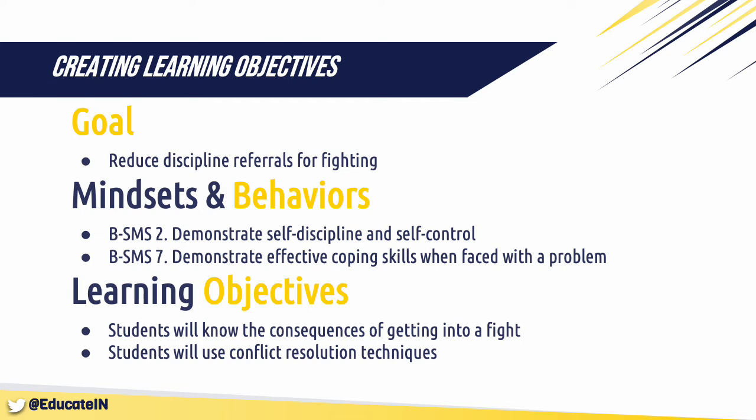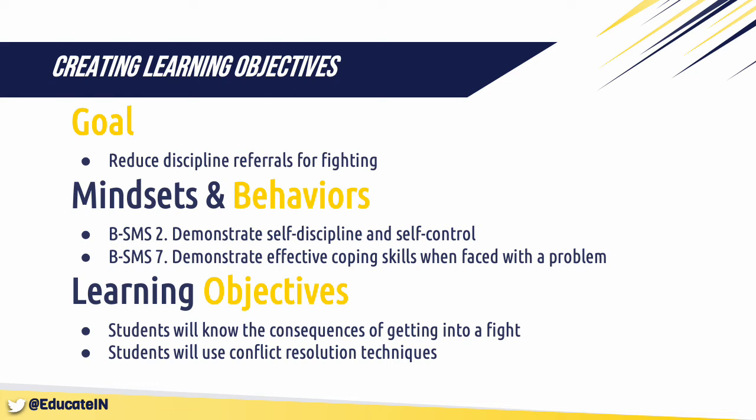Let's look at an example of mindsets and behaviors and learning objectives for a goal of reducing discipline referrals for fighting, where supplemental data from student surveys revealed that students weren't able to name alternatives to fighting when conflicts arose. Based on the mindsets and behaviors we want students to attain, we will write 1 or 2 sentences describing the specific beliefs, knowledge, or skills we want students to have.